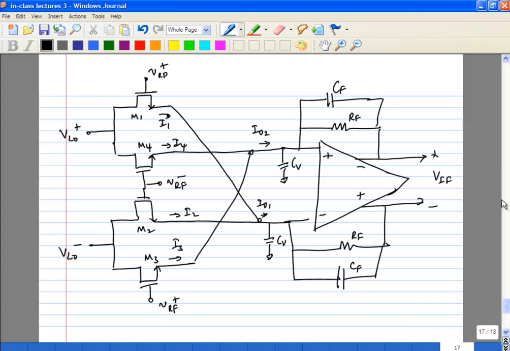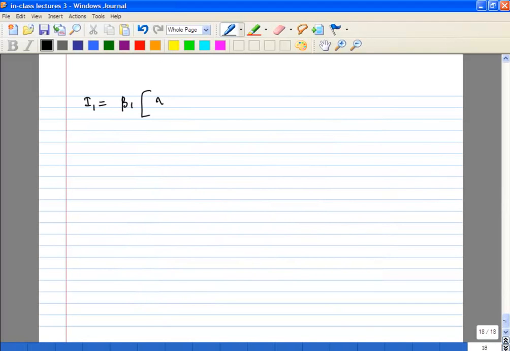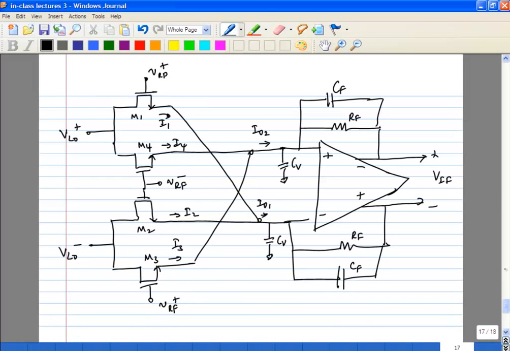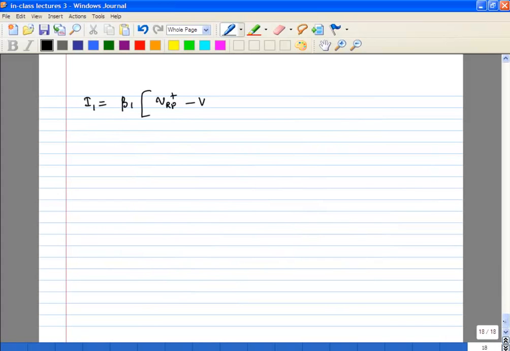So I1 is beta 1 times, look at 1 VRF plus. So what we'll do is we'll say that the DC voltage here is some VLO DC. Let's see, have I missed out anything else on the figure? Yeah, that's it. Minus VT1, and it's in the linear region, right?